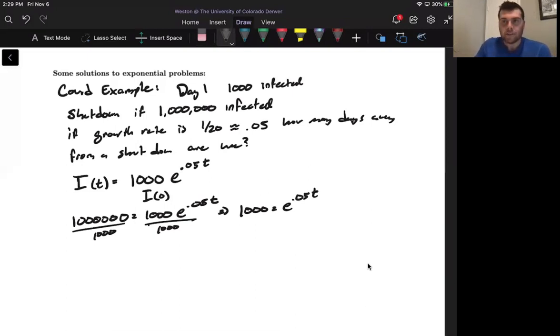This is where we have to introduce something new. We need to undo this exponential. And so to do that, we need the inverse function. And you would tell me that that inverse function is log with the base of e because it's raised to the e of x.